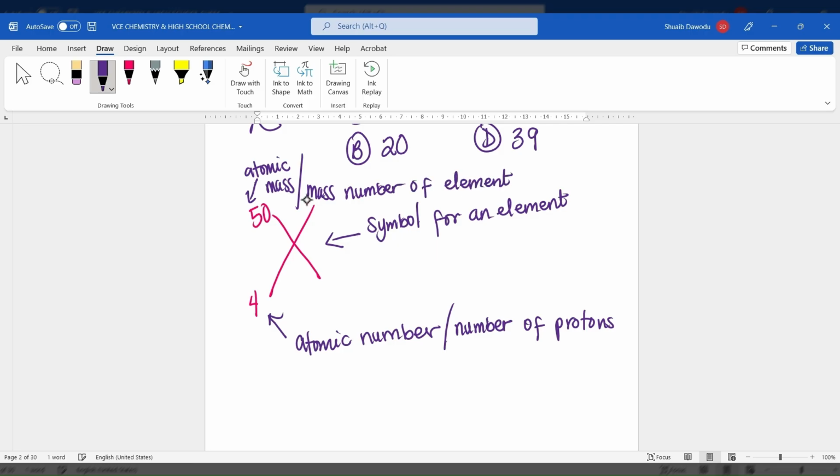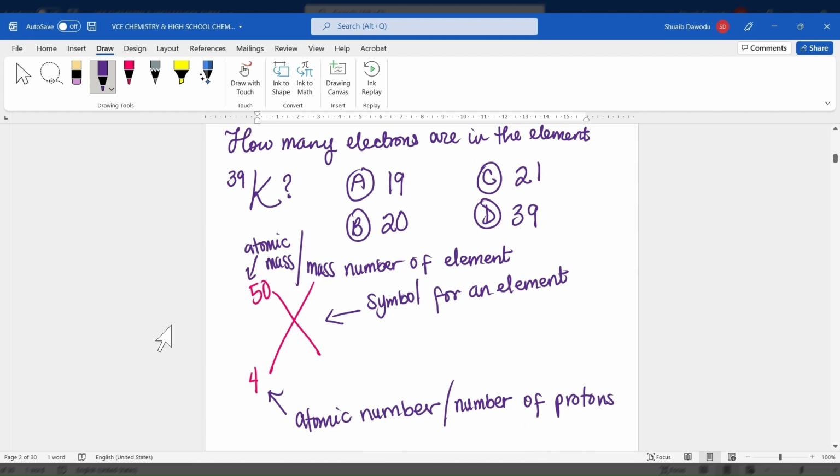So this is basically what's going on. The big letter is the symbol for the element. The small number at the bottom left corner is the atomic number, or the number of protons, while the number at the top left corner is the atomic mass, or mass number, of the element.